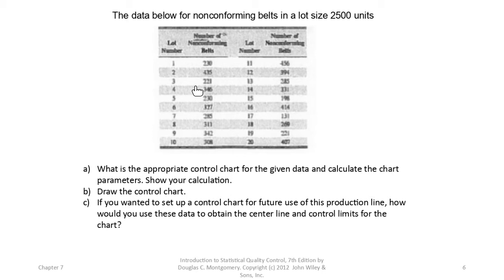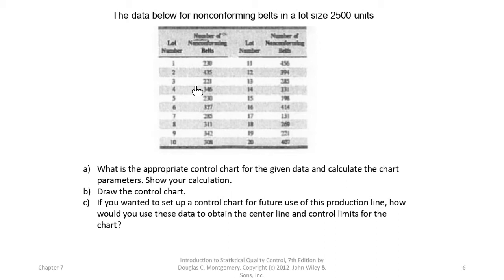In attribute data, we have a couple of control charts: the P chart, NP chart, U chart, and C chart. For the non-conforming, we have the P and the NP.